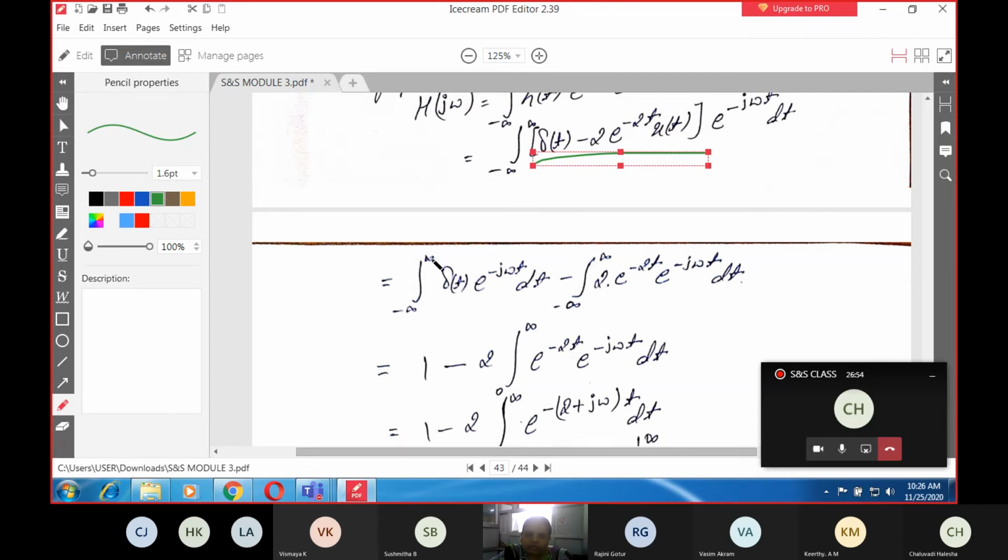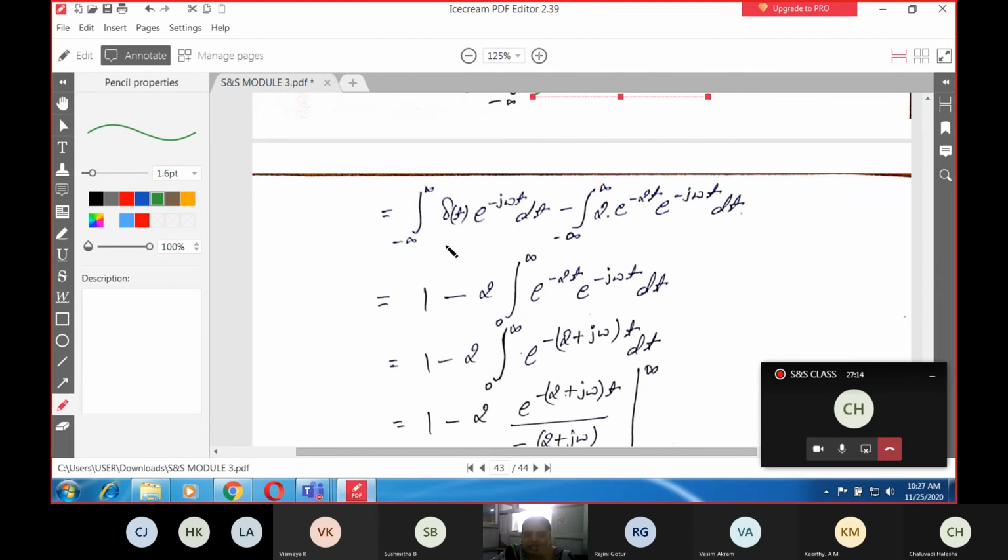Then what I will get is the integration from minus infinity to plus infinity of delta of t e raised to minus j omega t dt, minus the integration from minus infinity to plus infinity of 2 into e raised to minus 2t e power minus j omega t dt. Remember, the Fourier transform of delta of t is going to be 1. You can directly write that it will be 1 only.